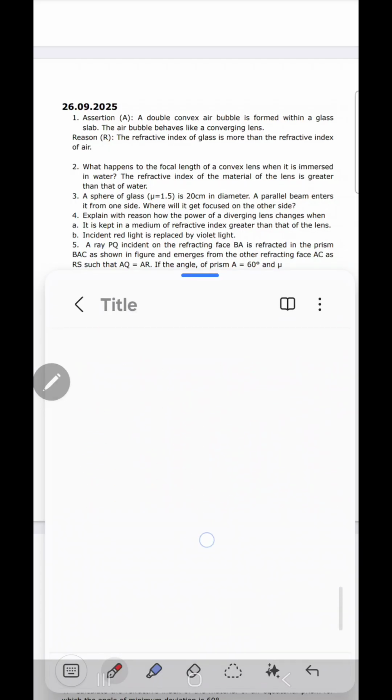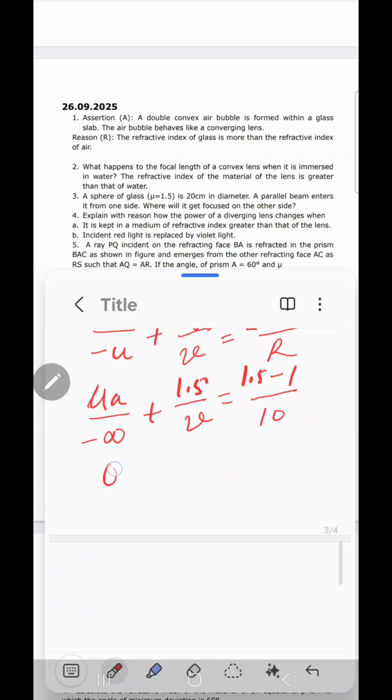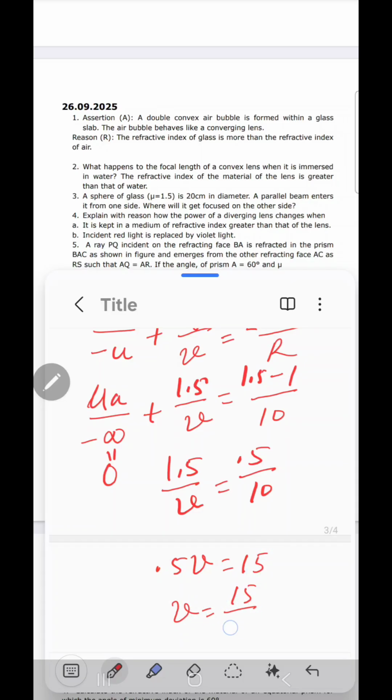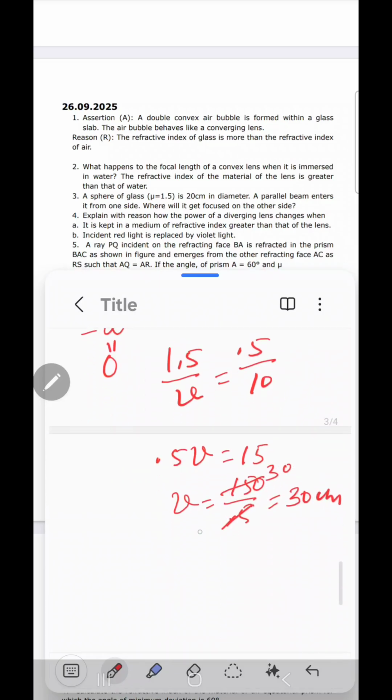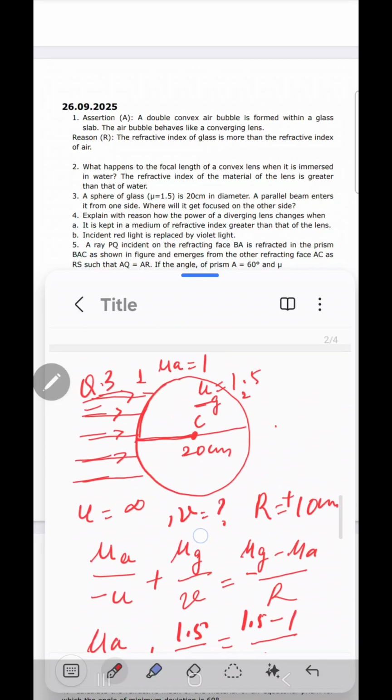Now a little simplification will give us the value of v. 1 over infinity, this term would become 0, and here we are left with 1.5 over v is equal to 0.5 over 10. So cross multiplying, 0.5 v is equal to 1.5 into 10, which is 15. So v here is 15 over 0.5, so we just remove the point by putting 0 here, and this would become 30 centimeter. Okay, so this is the image formation by the first surface of the sphere.